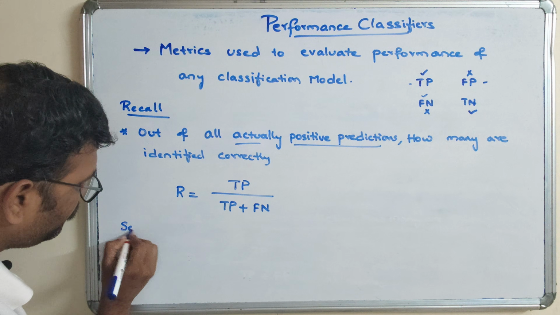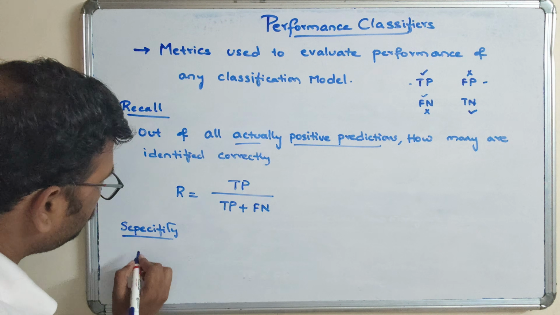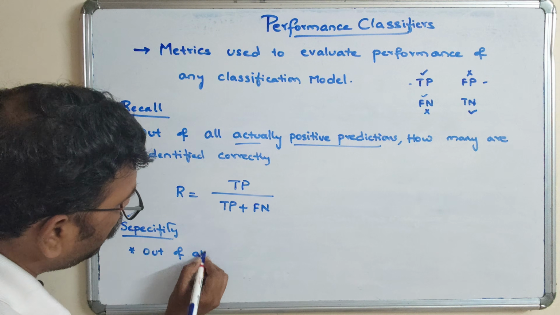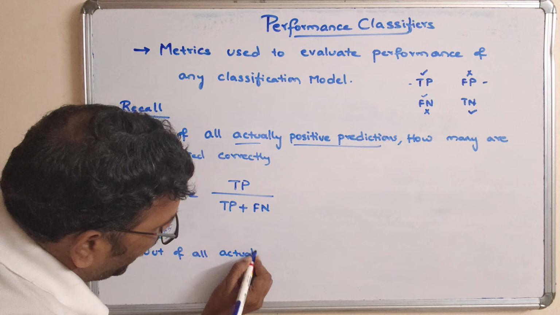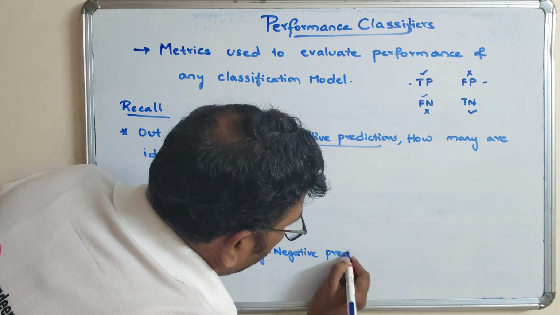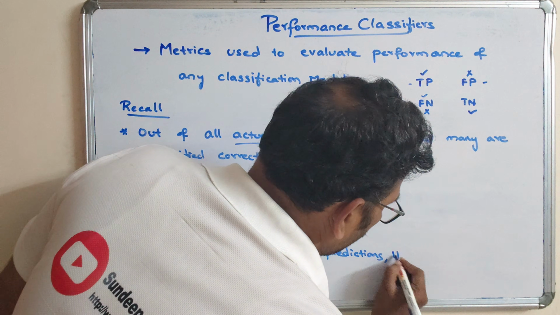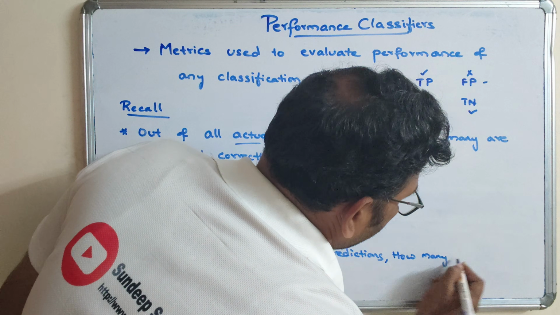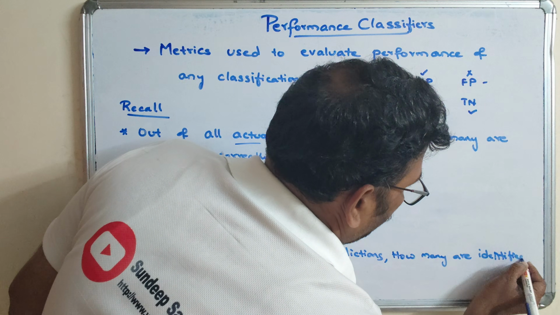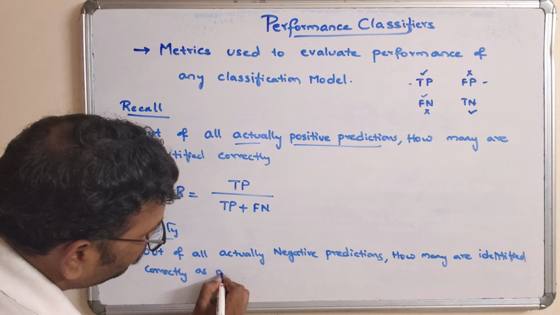And the next one, specificity. Here, out of all actually negative predictions, how many are identified correctly as a negative?